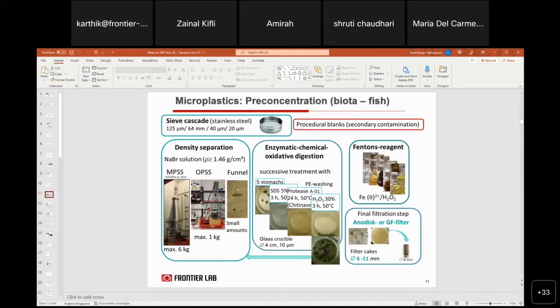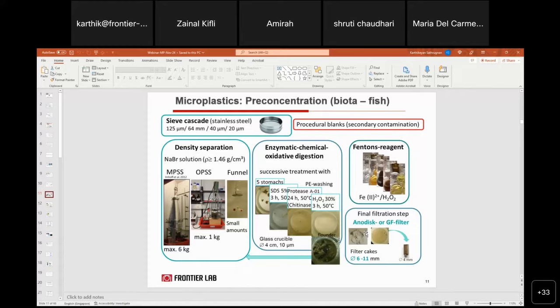You can use alternatives like Fenton's reagent also. There are reports that show both approaches are working. So we do not really have to say which one is better, but based on practicability, most people are using Fenton's reagent. Okay. But our collaborator back in Germany is using the enzymatic oxidative digestion.